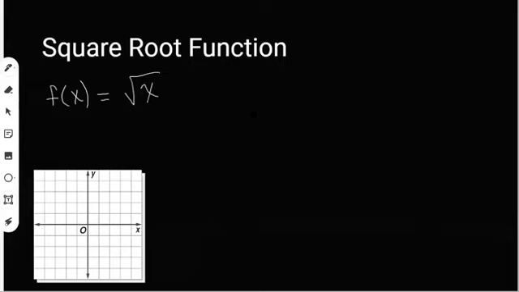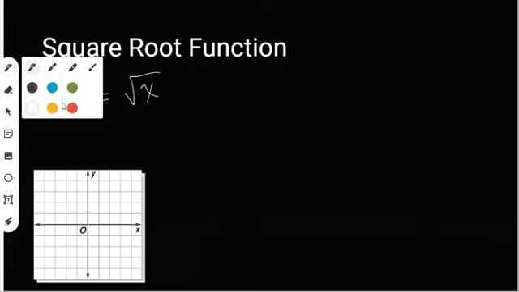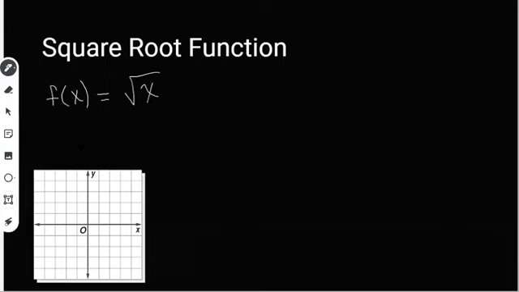Now, if you were to graph this, here's what it would look like. First of all, the graph is unlike anything you've seen before. The graph is going to only start on the right side of the graph. So it's going to start at 0, 0, it's going to go to 1, 1, and then 4, 2, and then 9, 3, which is off the page.